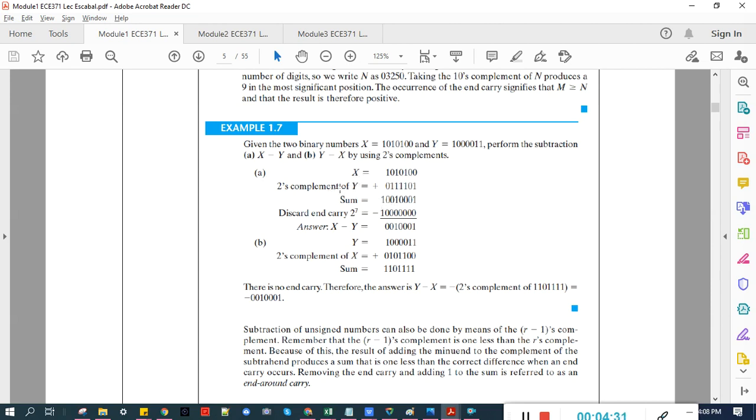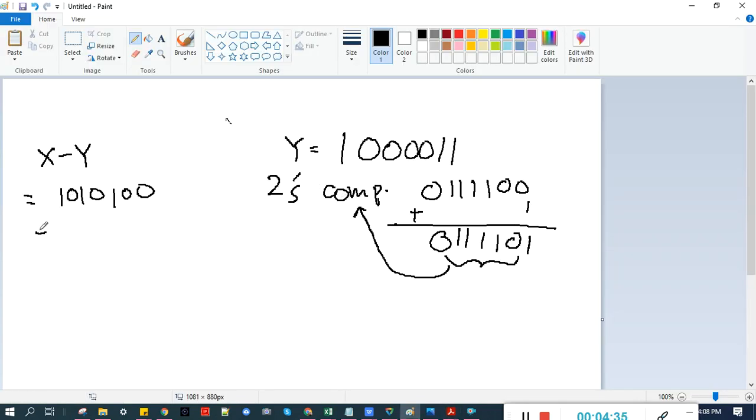Just add x with the 2's complement of y. So x plus 01111101. 0 plus 1 is 1, 0 plus 0 is 0. 1 plus 1 is 2, and 2 in binary is 10.